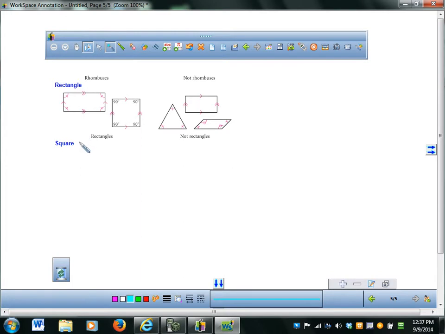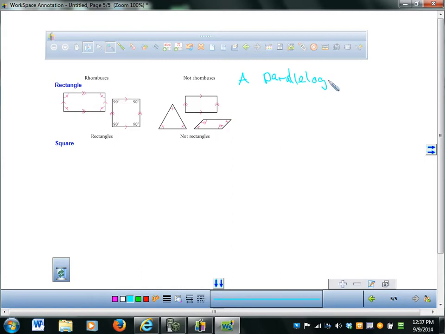So a rectangle is a parallelogram, but also all of its angles are equal. They're equal, but they're also how many degrees? We will find out later that if they are equal, they all have to be 90 degrees. But let's just define a rectangle as a parallelogram, because it appears that they're a parallelogram.